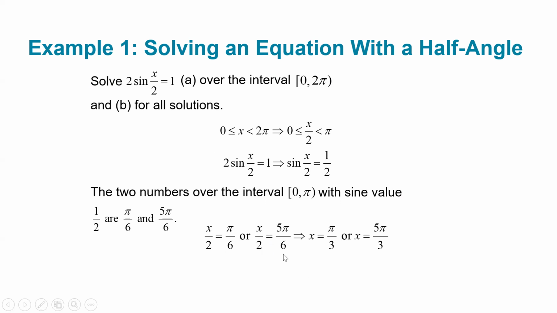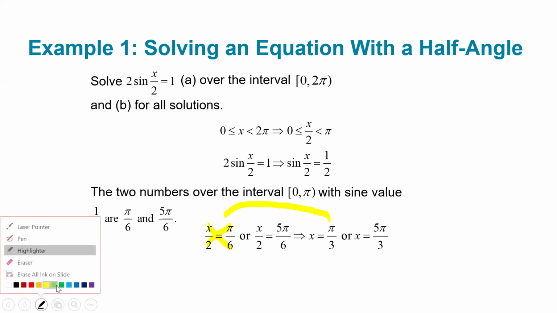And how do we solve proportions? Cross multiply and divide. So x times 6 gives us 6x, and 2 times pi gives us 2 pi. 2 pi divided by 6 equals pi over 3.